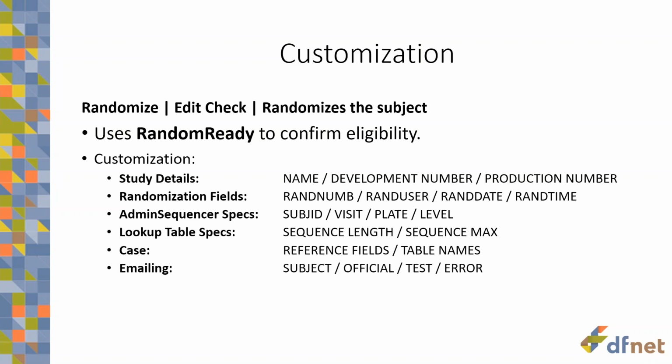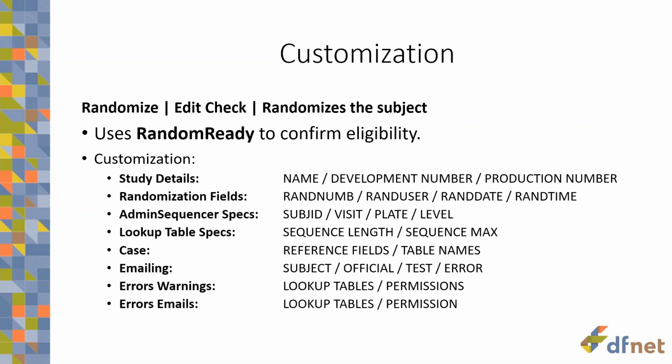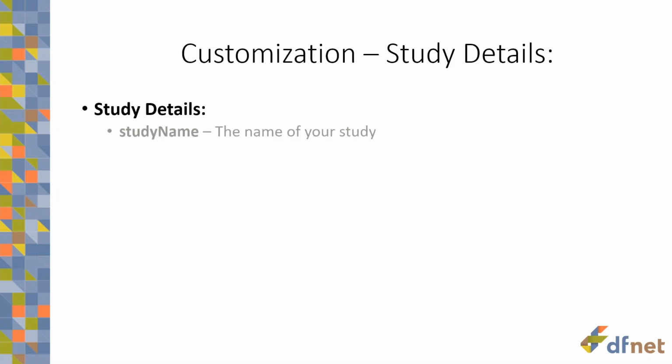Emailing, what subject to use, who to send it to for official live databases, who to send to during testing, and who to notify in case of errors. Error warnings, if there's an issue with the lookup tables or user permissions, what gets presented to the user, and error emails, if there's issues with the lookup tables or permissions, what gets sent to the error alias. So let's dive right into it.